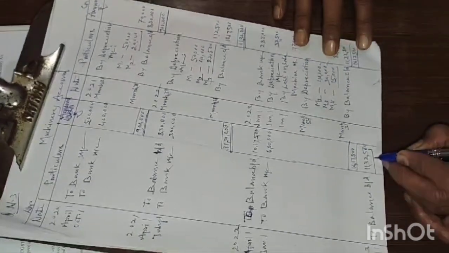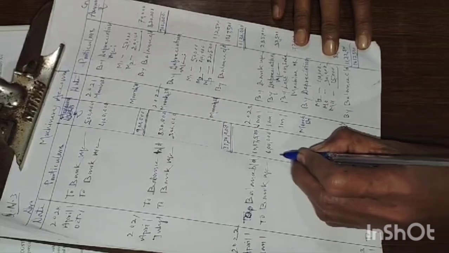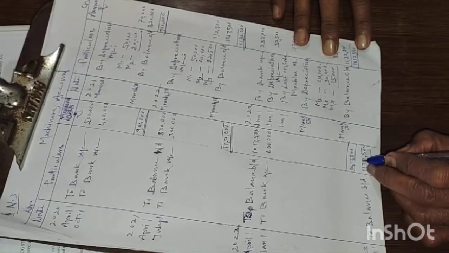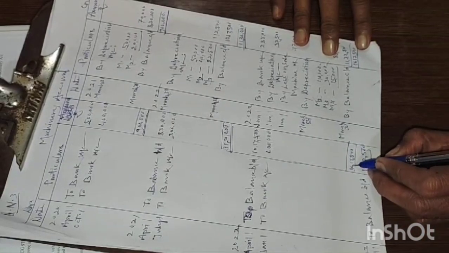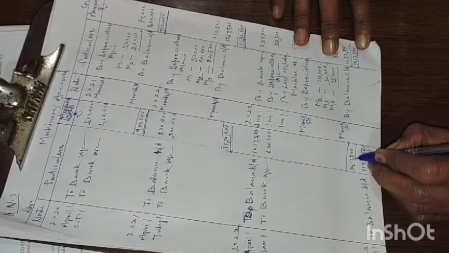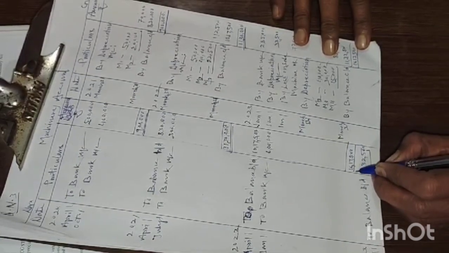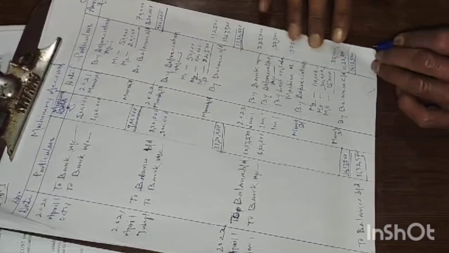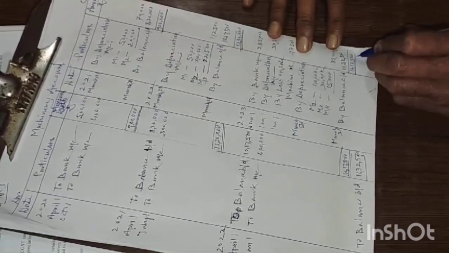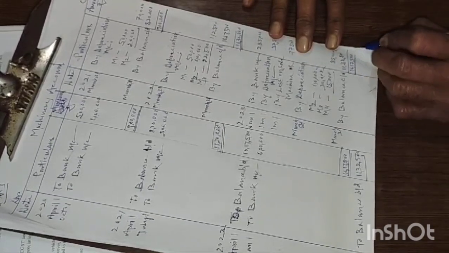Now balance the ledger. Here if we do the total of debit side, the amount will come 16 lakh 17,500. We will write the same amount in credit side, 16 lakh 17,500.